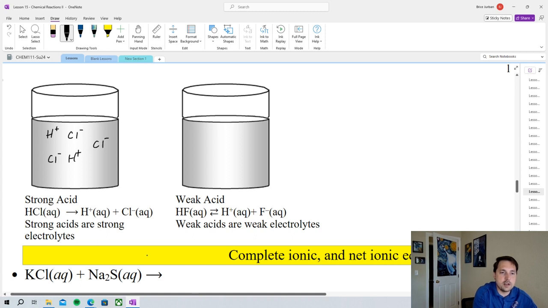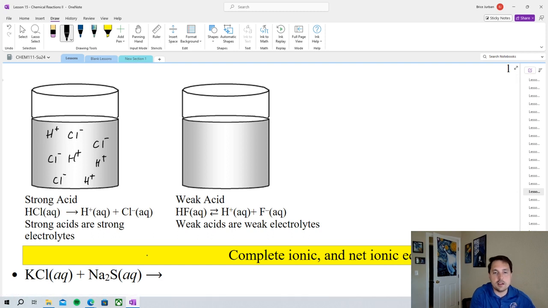And that's what's going to happen anytime you have a strong acid or a strong base. It will break apart completely into H plus and the anion, or for a strong base, into the metal ion and hydroxide.